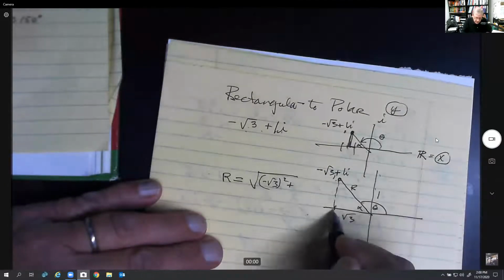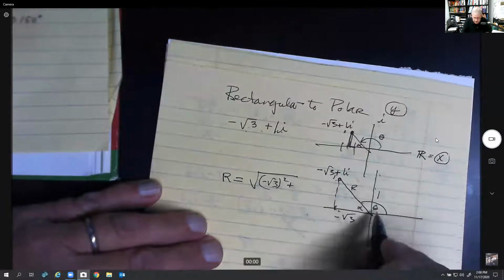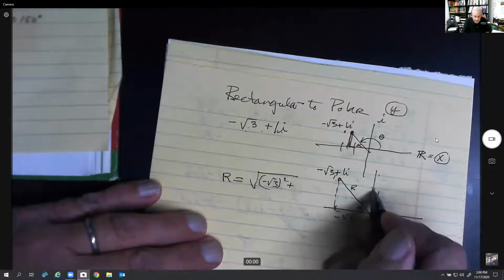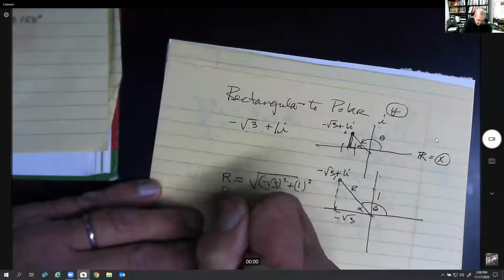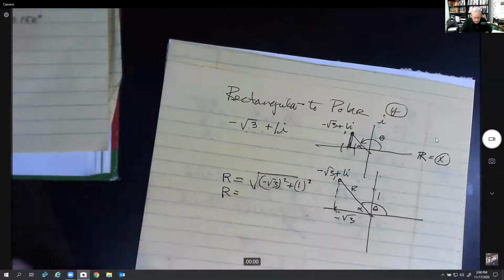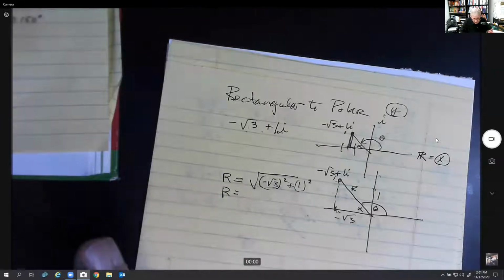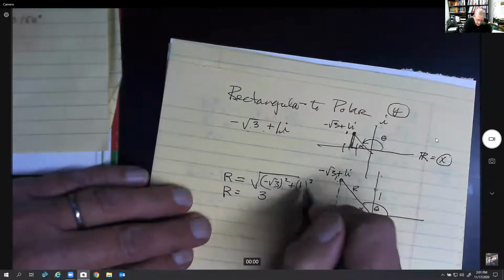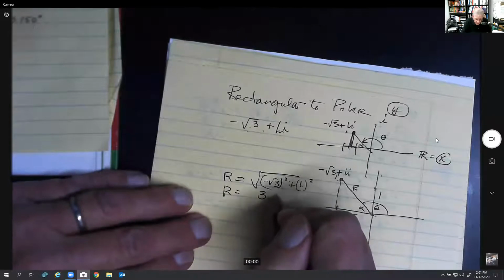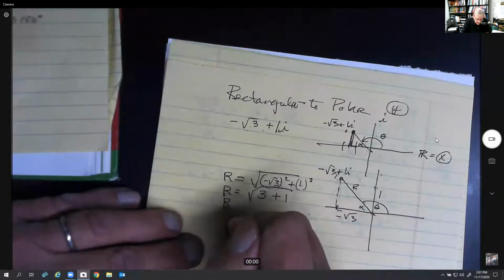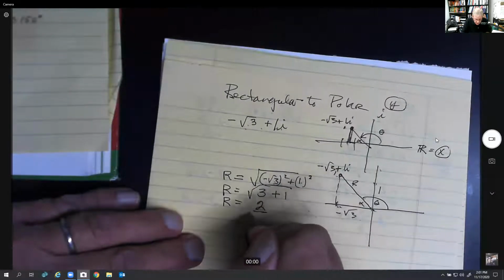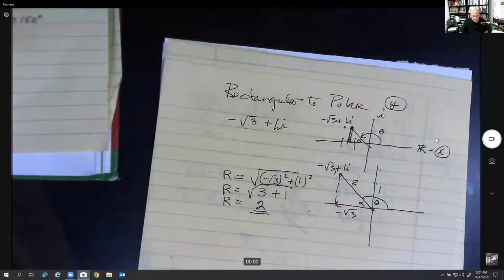This is really your real part and this is your imaginary part, but this distance is x and this is pretty much y. So 1 squared. Negative radical 3 squared would be a positive radical 9, which is 3, plus 1 squared is 1. So it's the square root of 3 plus 1, which is the square root of 4, which is 2. So now we know what r is.